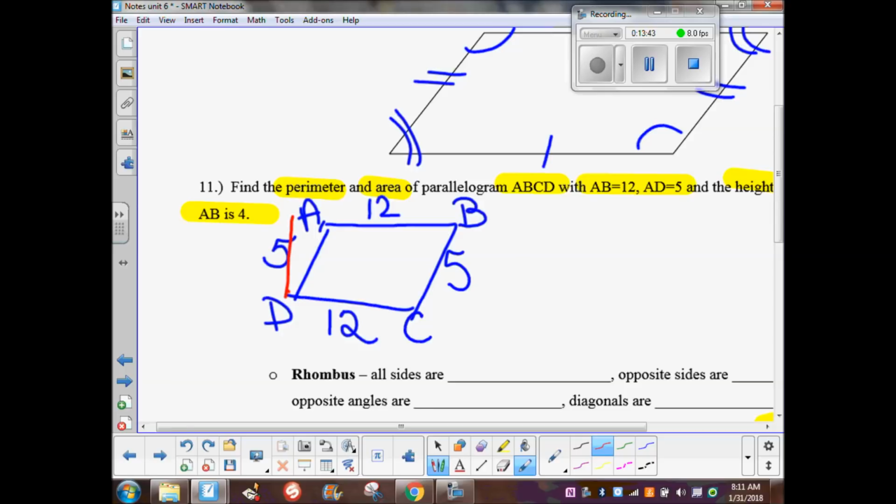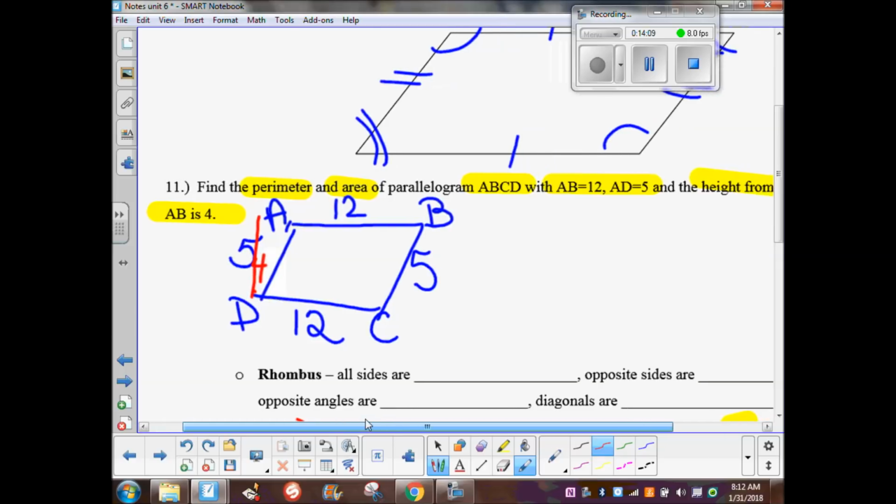You stand straight up. You don't lean like the side of this parallelogram leans. So we've got to draw in that height, nice and perpendicular, making a right angle. And they said that the height is 4. So that's how tall it is. Height is 4.